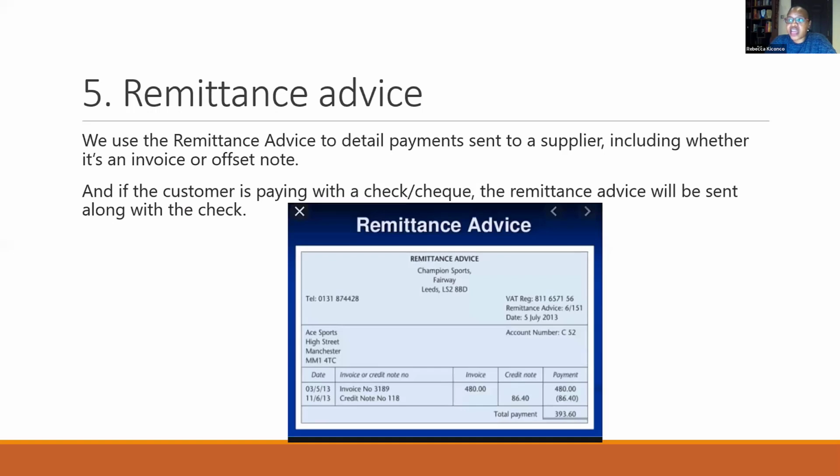So they send you an advice note showing you how much they're going to pay, against which invoice they're going to pay, and probably by a reduction of a certain amount that is written in a credit note, maybe they return goods to you. So they show you the deduction on their invoice and they send it along with the payment. So they can send it along with cash or they can send it along with a check to pay. As simple as that.